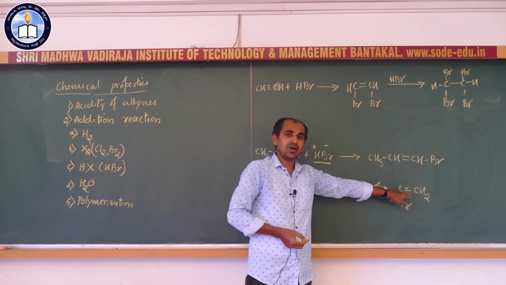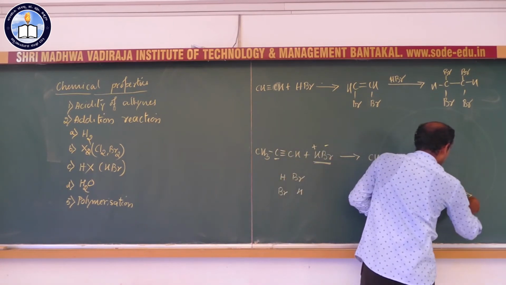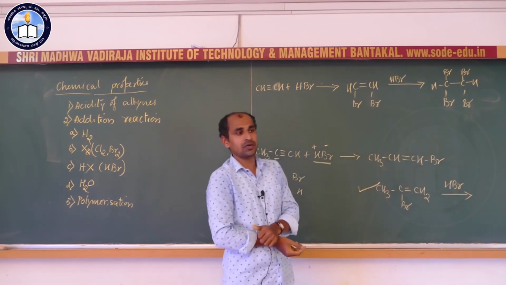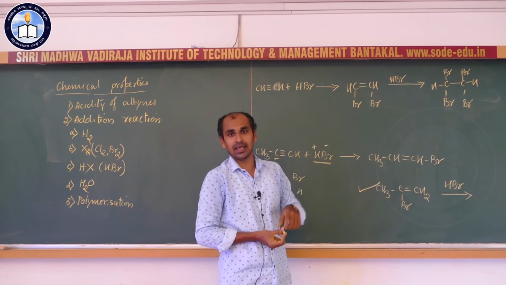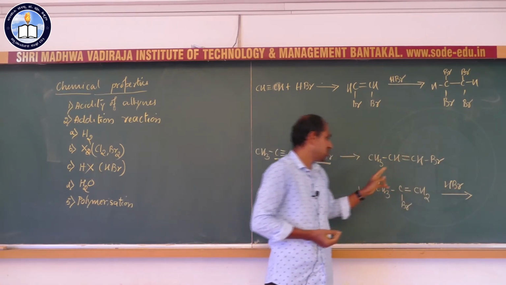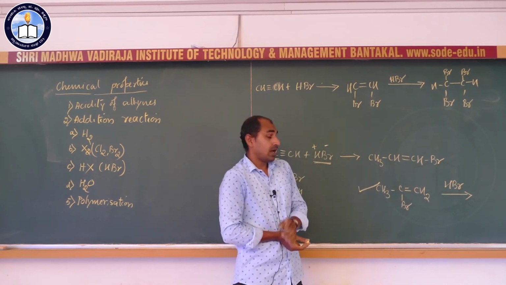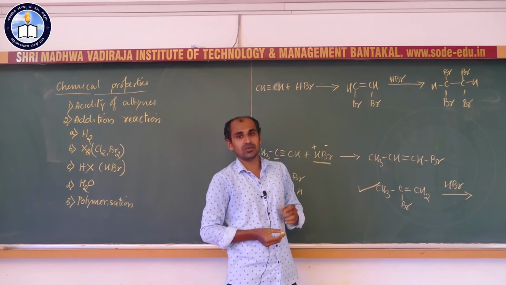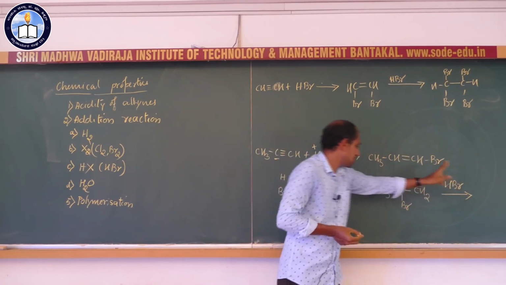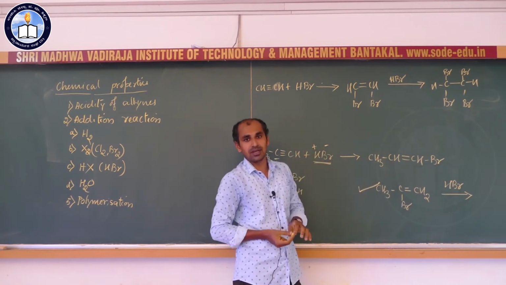Again, this molecule has one more pi bond. So one more molecule of HBr adds across the double bond to give the corresponding alkane. Again, you have to see where exactly Br goes, whether to this carbon or to this carbon. You should follow the same Markovnikov rule: the negatively charged Br goes to the carbon containing the least number of hydrogen.